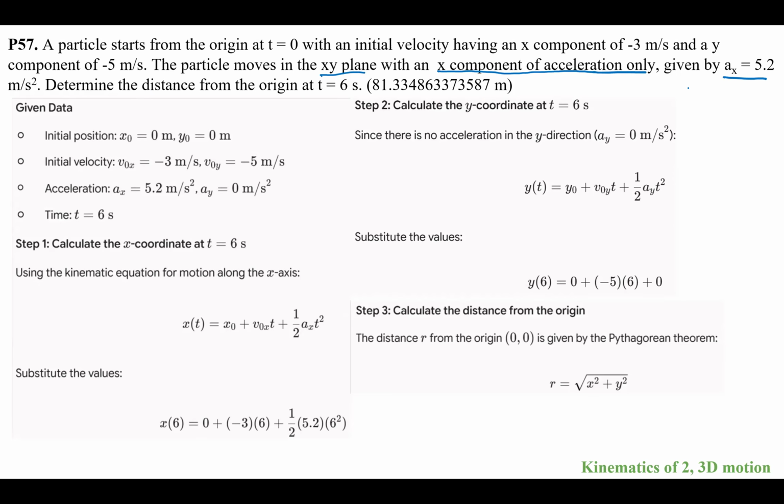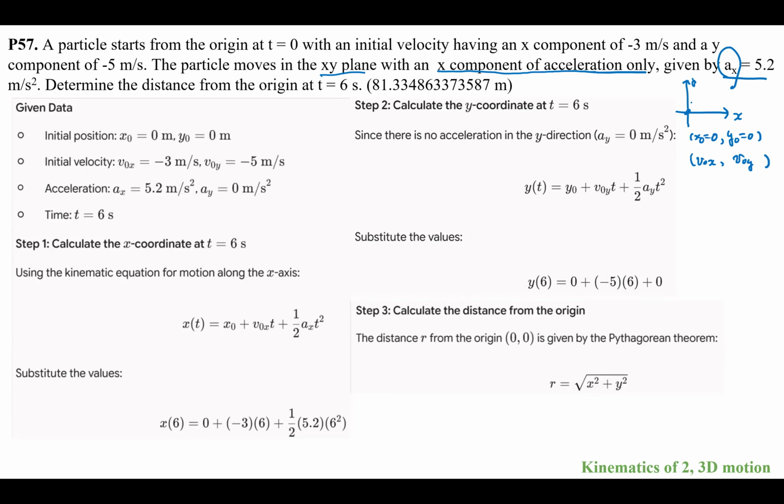So we have, let's say, two cases, x and y. The initial position is given: x0 is 0, y0 is 0, and then you have v0x and v0y. And then we have separate motions, okay, so that as time goes by, we note that along the x direction, we have a constant acceleration.